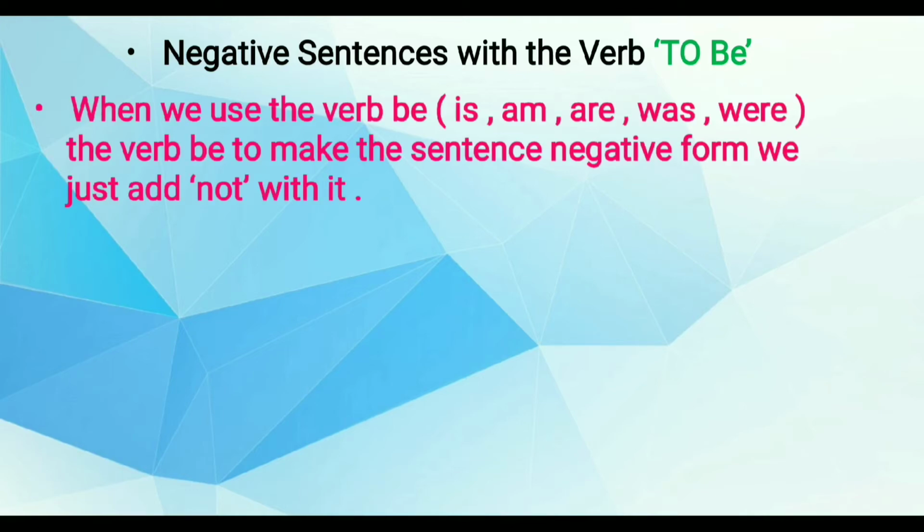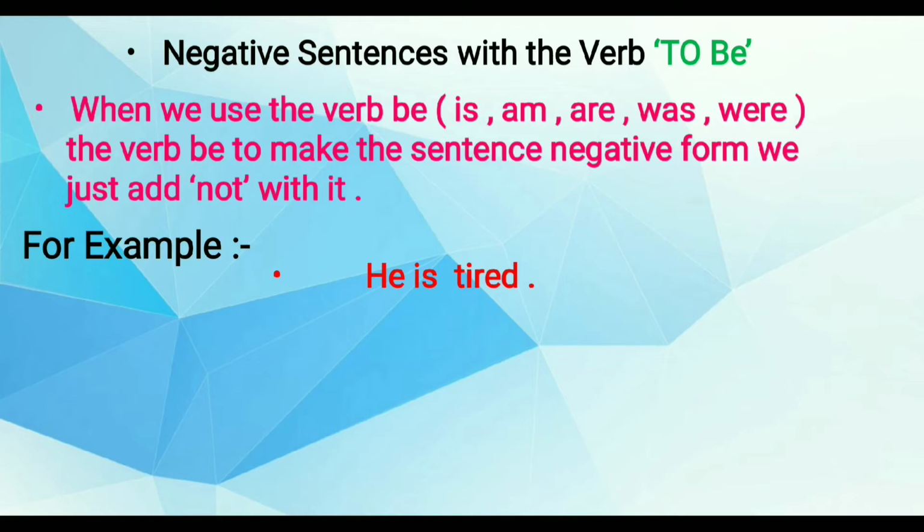So when we use the verbs to be, it means is, am, are, was, were, we make the sentence negative by just adding not with it. It means that whenever the verb to be is in the sentence and we want to make it negative, after this verb to be we add only not to make it a negative form.